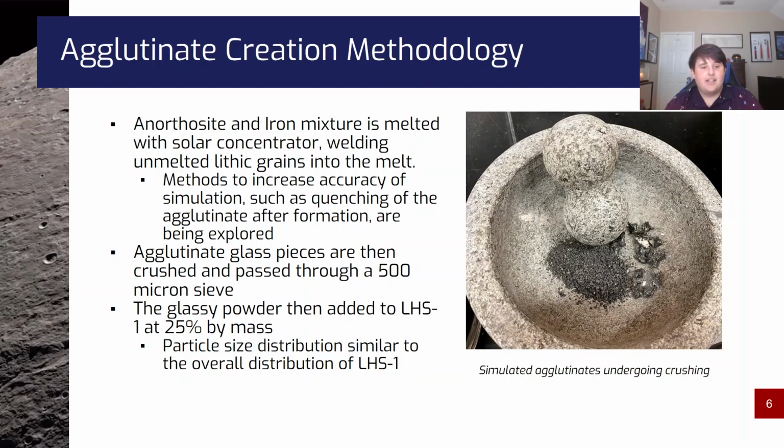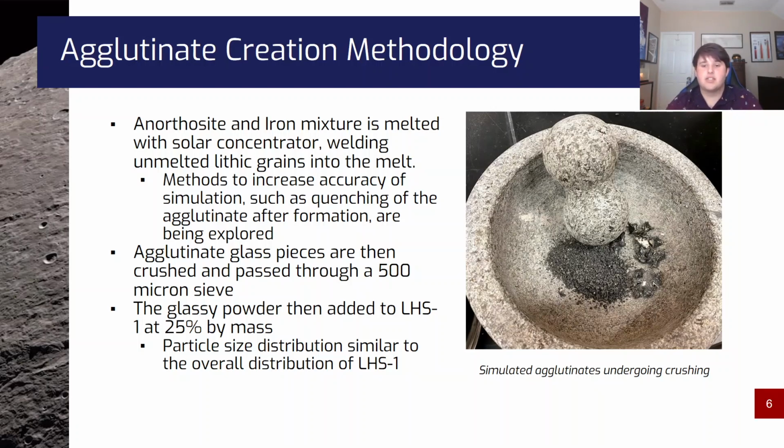This powder is then added to LHS-1 at 25% by mass. The reason we pass it through this sieve is to match the overall distribution of LHS-1, which is meant to replicate the Apollo samples and just sort of average distribution of the lunar soil. So we want it to be as realistic as possible, and this is our way to achieve that.